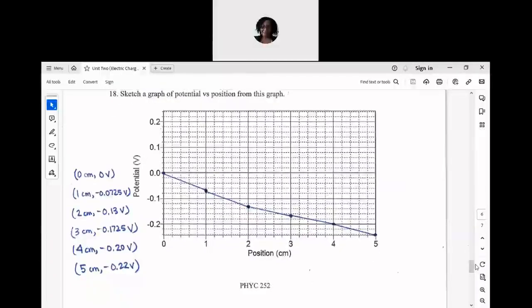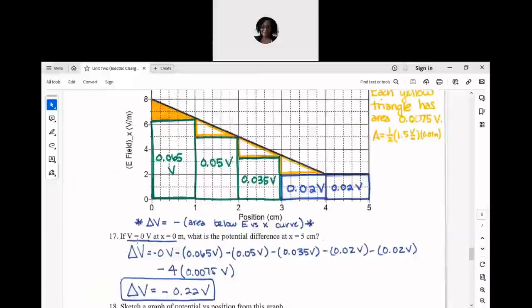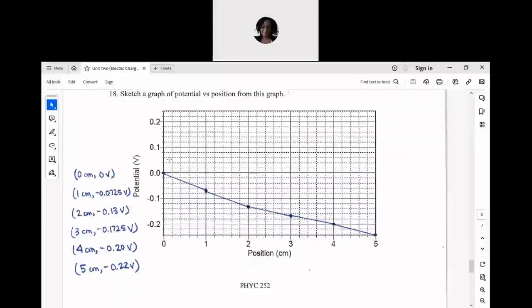So next, since we did that in 1 centimeter increments, we can make a graph of potential versus position where all of the ordered pairs are shown here on the left, and it's just a matter of plotting them. So all of these potentials are negative values, for exactly the same reason that we needed to use a negative sign right here and also right here.